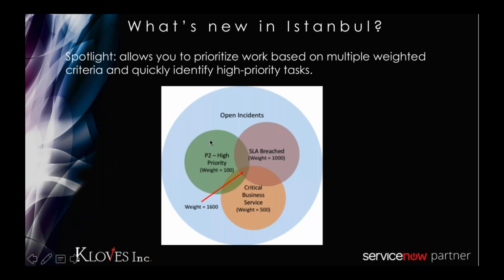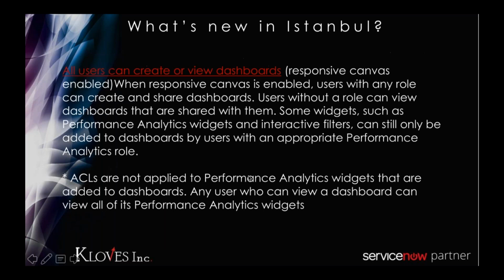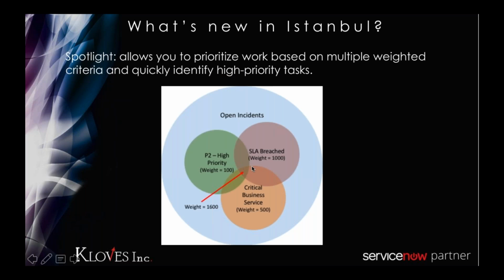So for example, here we have this blue circle, which represents all the open incidents. And let's say we want to see anything that is a critical business service, a high priority, and the SLA is breached. So those are three different criteria that will allow us to spotlight which records go above that threshold.